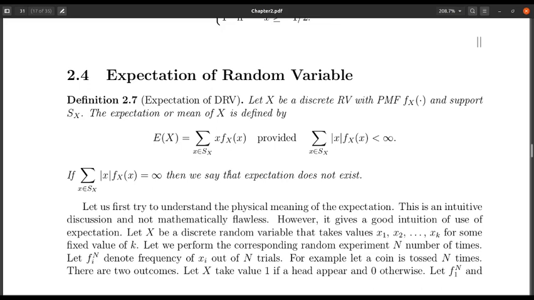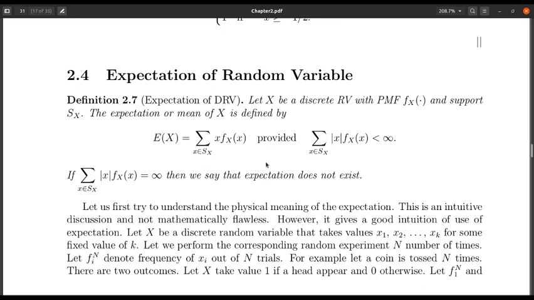So the expectation for a discrete random variable x is defined by the summation of value times the probability mass function at that value, and we need to check whether absolute convergence holds. If it is absolutely convergent, we are fine. If not, then we say that the expectation does not exist, or sometimes that it is infinity.